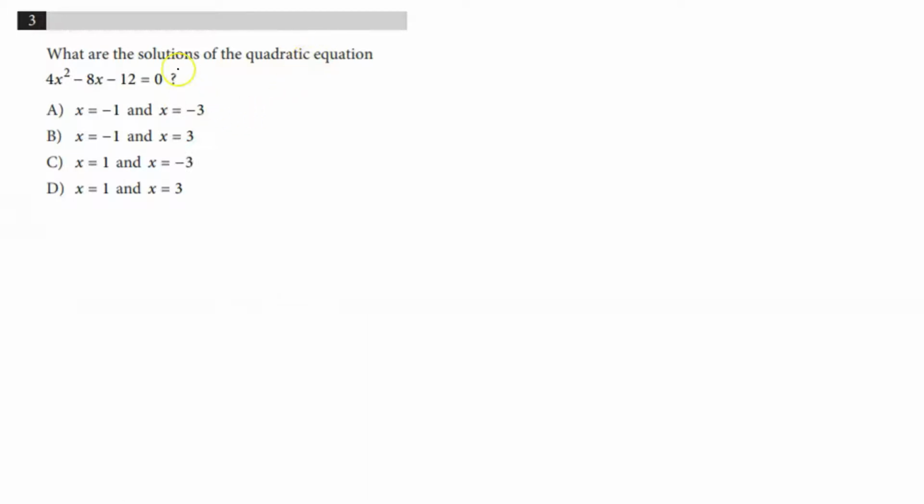Number 3. What are the solutions of the quadratic equation 4x squared minus 8x minus 12 equals 0? Okay, let's just rewrite it out here. It seems that the first thing we should do is divide all of these terms by a 4.